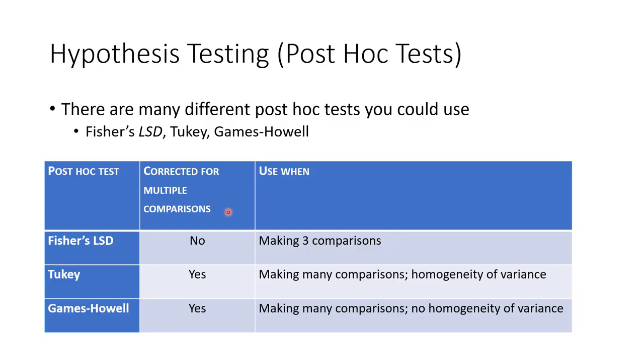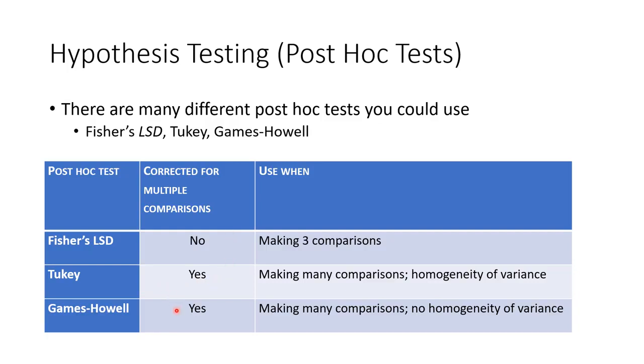If you have just 4 groups, you're comparing 1 to 2, 1 to 3, 1 to 4, 2 to 3, 2 to 4, and 3 to 4. That's quite a few comparisons with just 4 groups. So if you have 4 groups, it's common to make some kind of correction for the fact that you might be getting a small p-value just because you're making multiple comparisons.